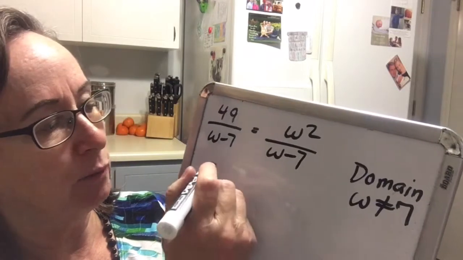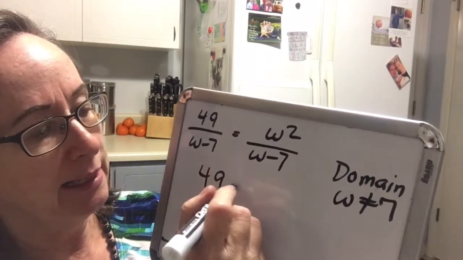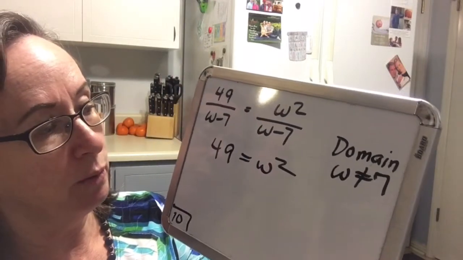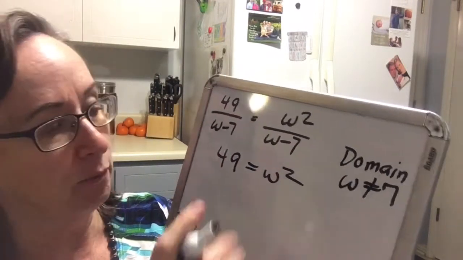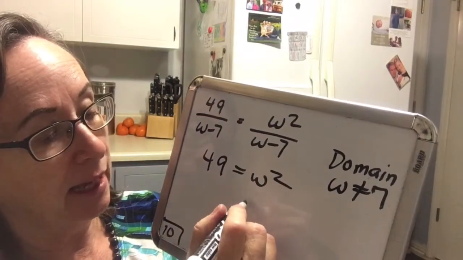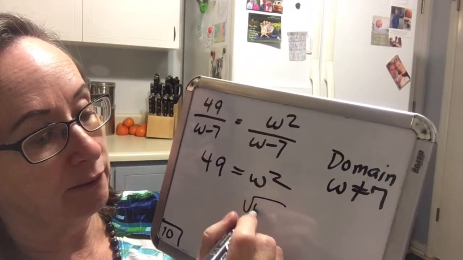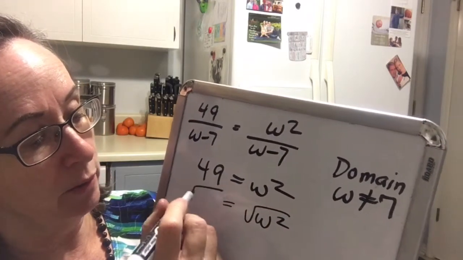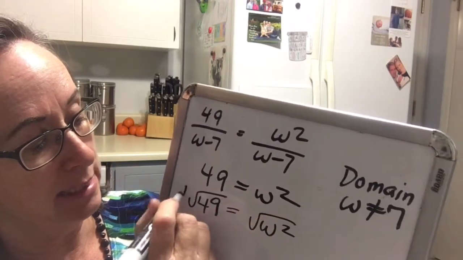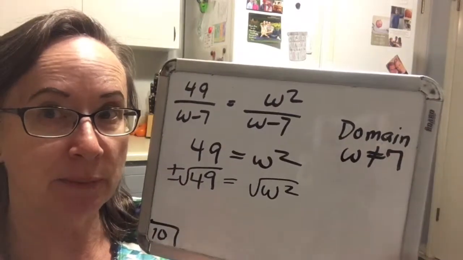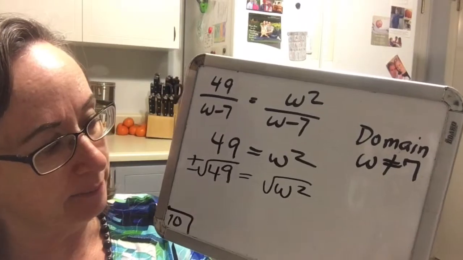And when we do that, we're left with 49 is equal to w squared. Okay, so when we look at that, we're going to use our square root property. We're going to say the square root of w squared is equal to the square root of 49, plus or minus. Remember, when we're using our square root property, we always put a plus and minus on one side.